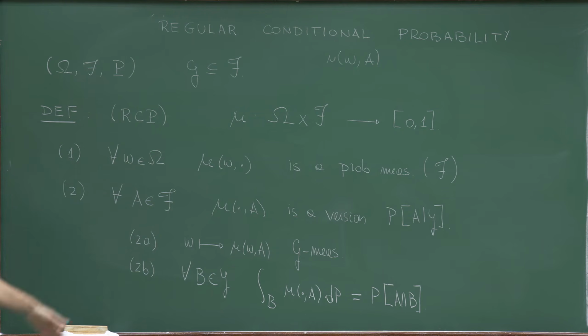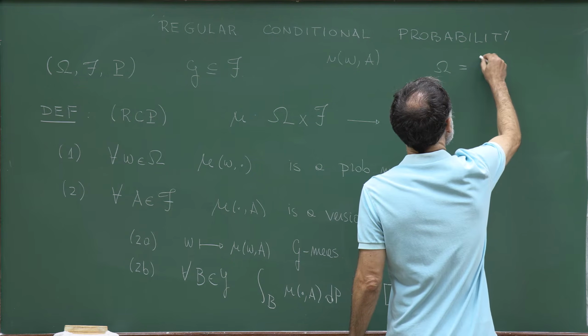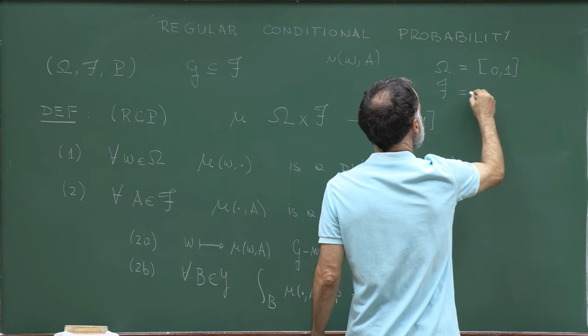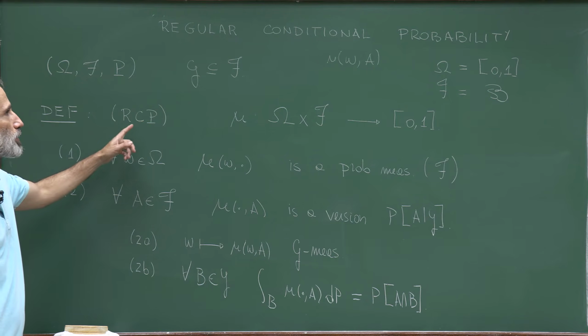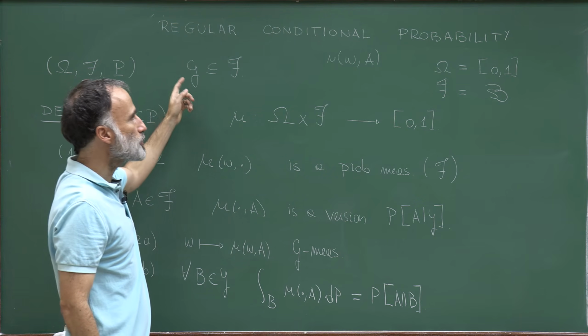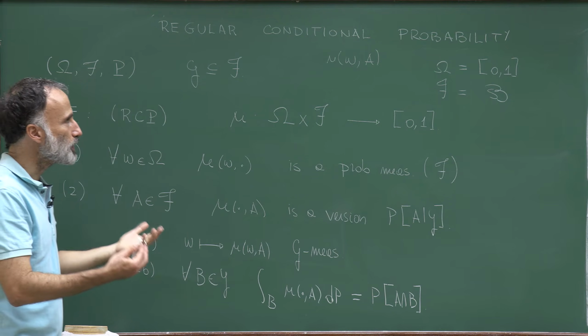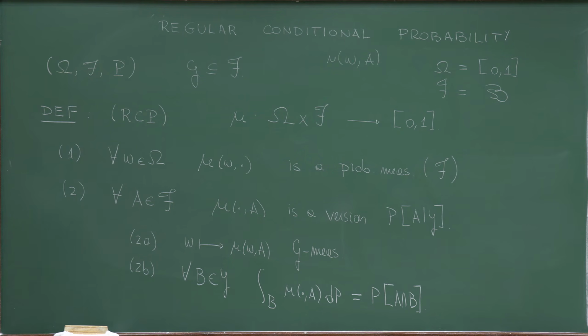Unfortunately, these regular conditional probabilities do not exist in general, but in certain cases they do exist. So what I will prove here is that if I take as omega the interval [0, 1], and F as the Borel sigma algebra over this set, then there exists a regular conditional probability given G, where G is any sub-sigma algebra of B. And the proof will give you a very good idea of how to prove this theorem in a more general context.